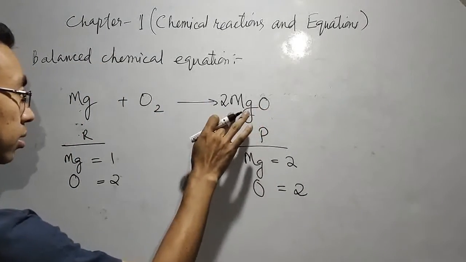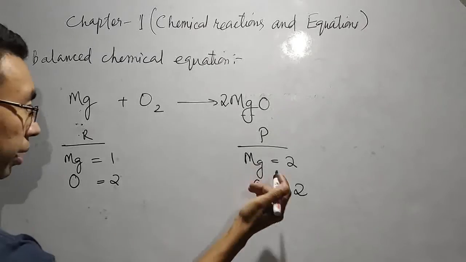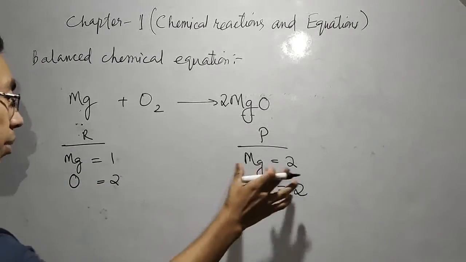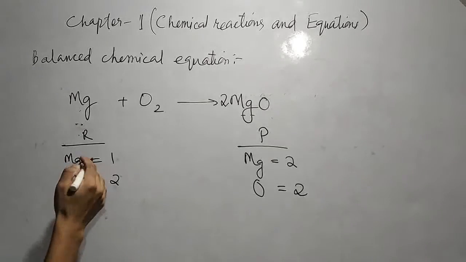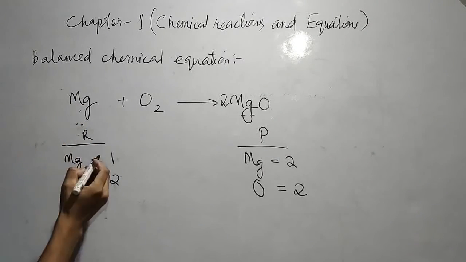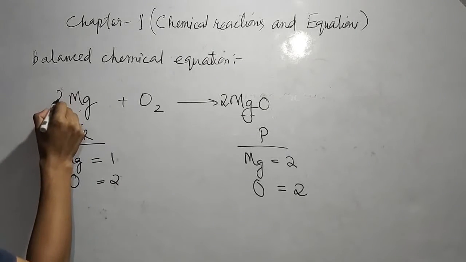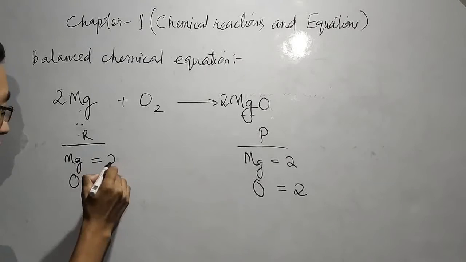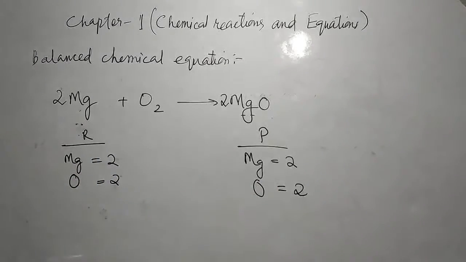This side is done, but now Mg is again not balanced, so we have to balance the reactant side. If we multiply Mg by 2, it becomes 2. Now both sides are balanced. This is how we balance a chemical equation.